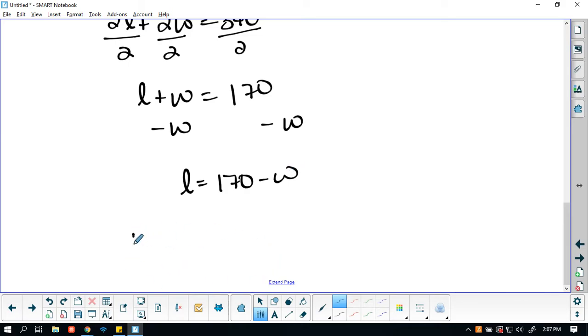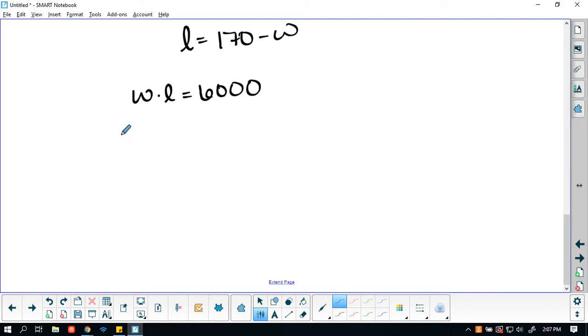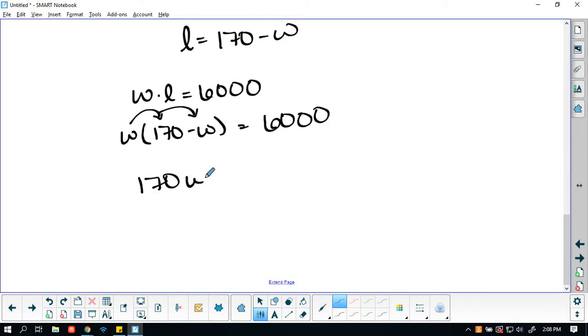And I'm going to substitute the length in for my variable here. So I'm going to have width times my length, which is 170 minus W, equals 6,000. Now I'm going to distribute the W. So I have 170W minus W squared equals 6000.